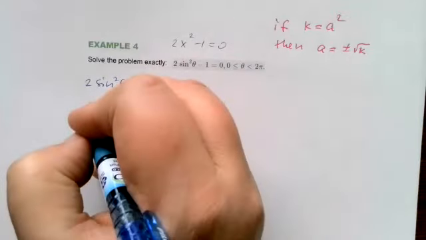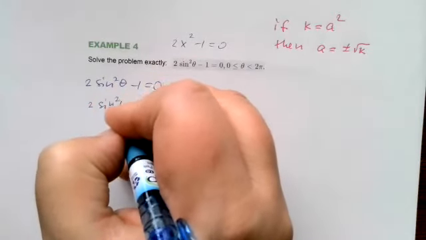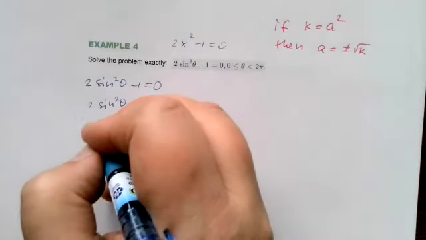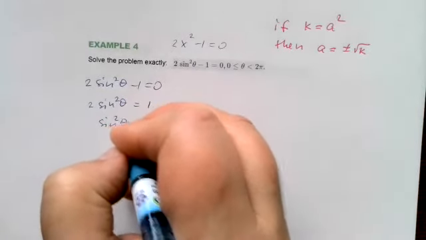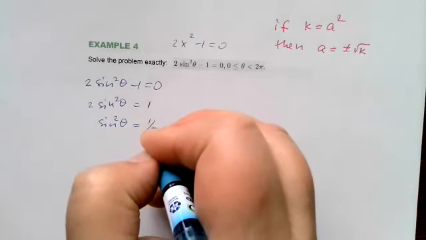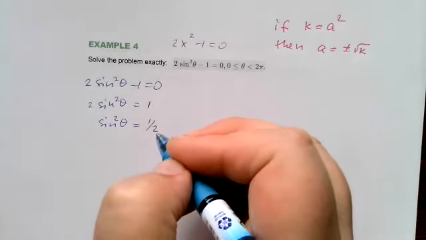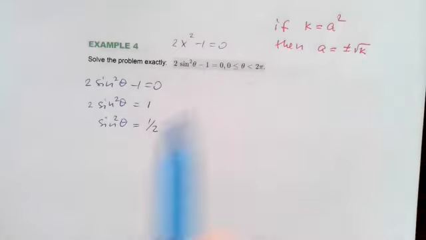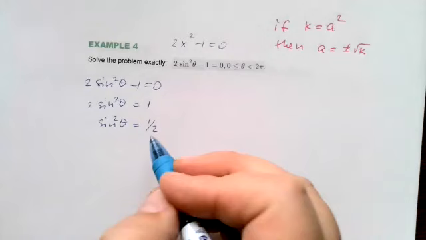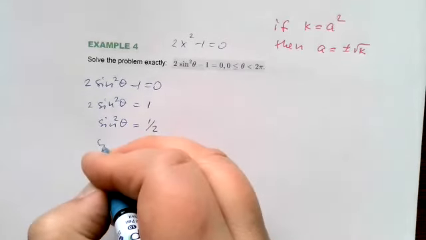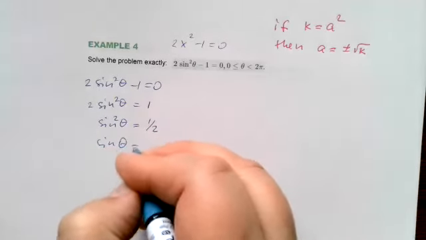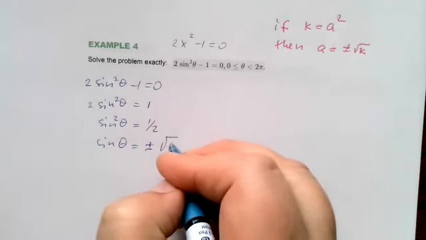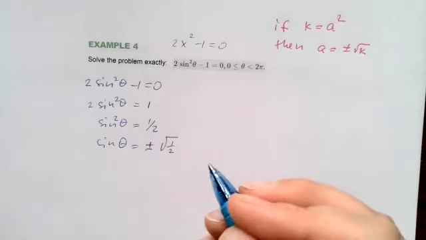So adding 1 on both sides and dividing both sides by 2, sine squared theta equals 1/2. So now we're going to apply our square root property. If sine squared is 1/2, that means that sine is positive or negative square root of 1/2.